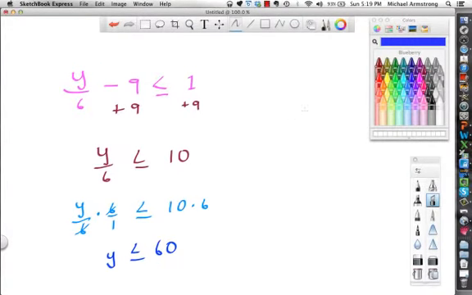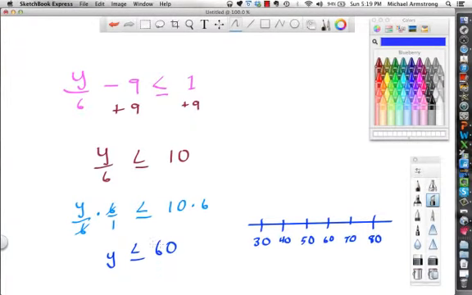And when we start graphing bigger numbers like that, we're going to count by tens, maybe say 30, 40, 50, 60, 70, and 80.